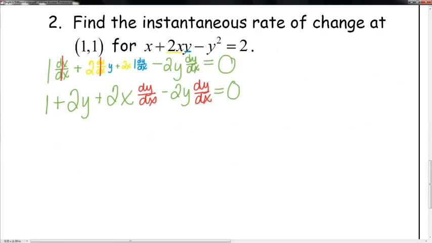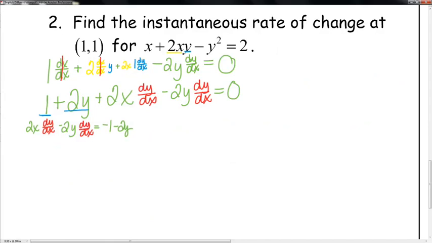So I'm going to move everything that doesn't have a dy/dx attached to it to the right. So I have 2x times dy/dx minus 2y dy/dx is equal to negative 1 minus 2y.